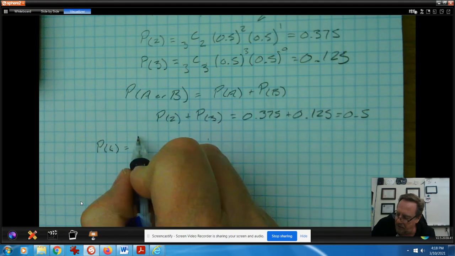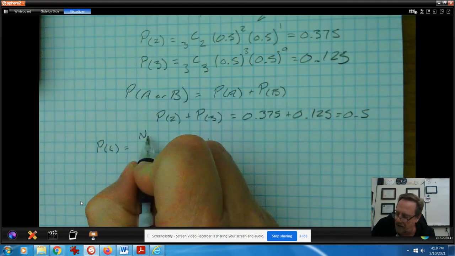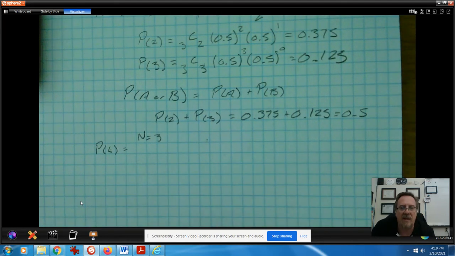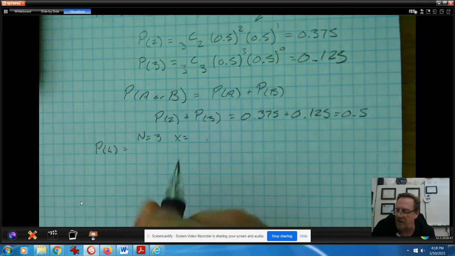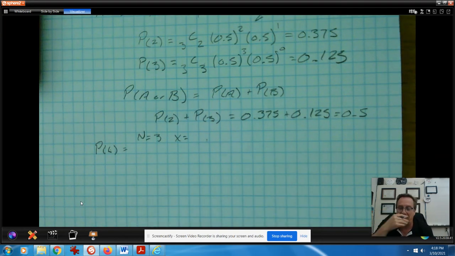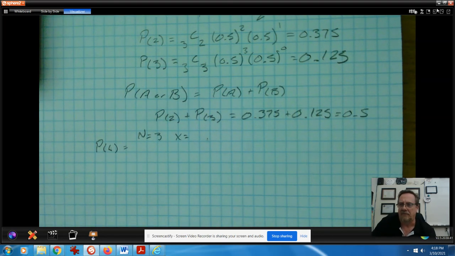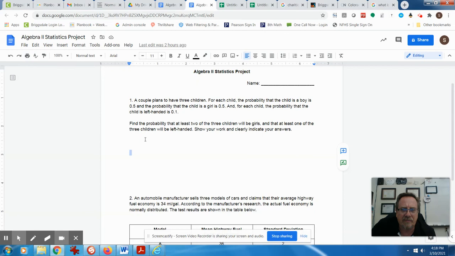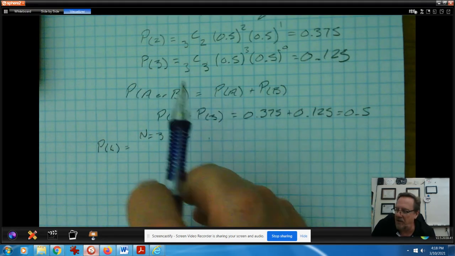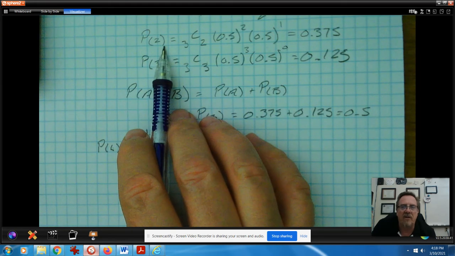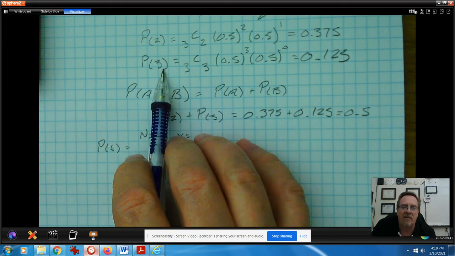Well, I'm going to think back to here. My N is still 3 because you're going to have 3 kids. My X, however, is that one of them is going to be left-handed. I have to stop and think here. At least one of the 3 children will be left-handed. Now, what we did before is we considered 2 cases: the probability that we had 2 and the probability that we had 3.